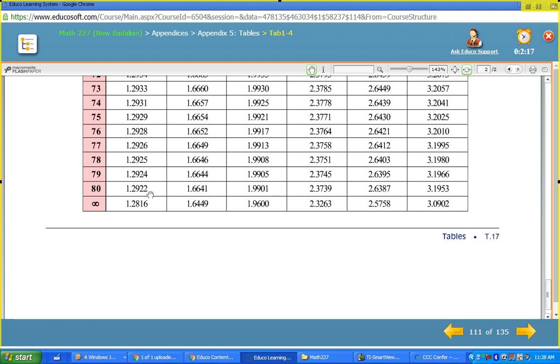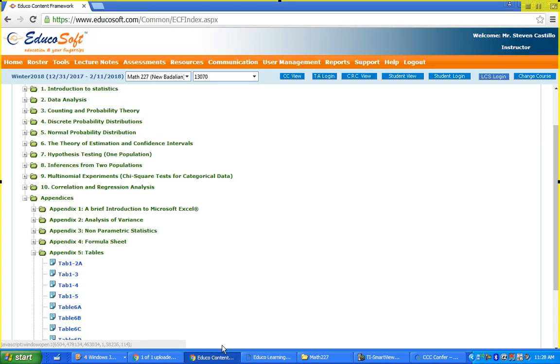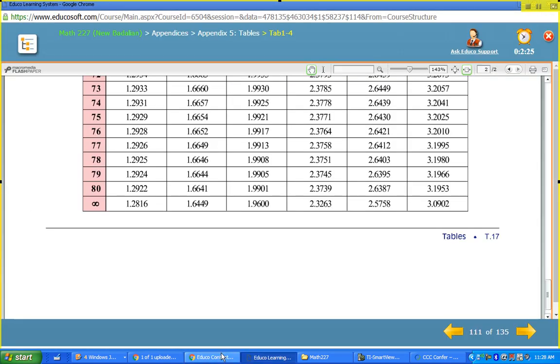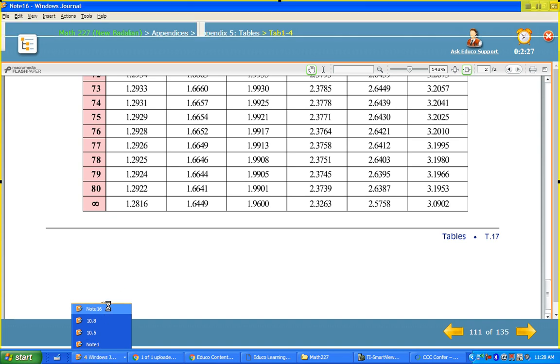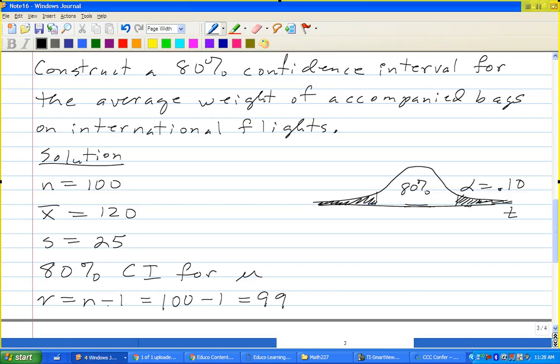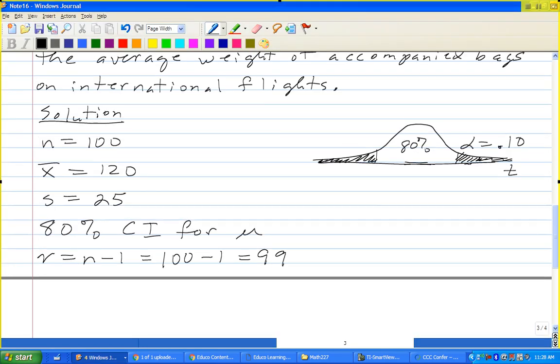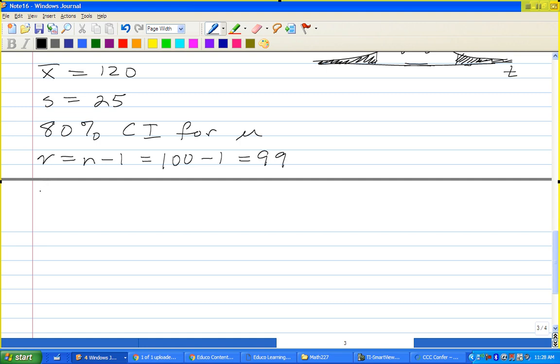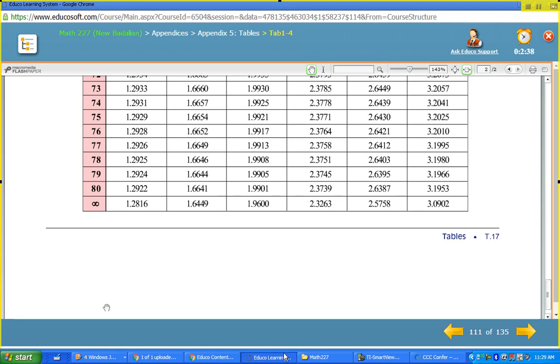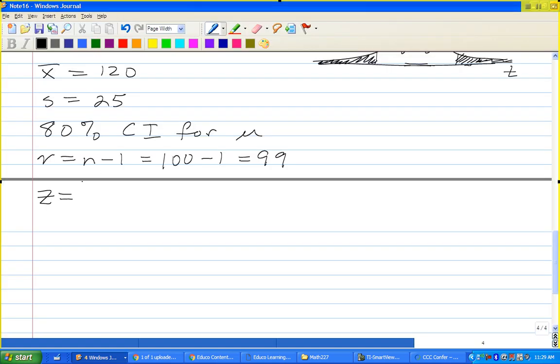What we do have is the z value. I can use the z value at least. Okay, so for the z value, I had that the z value was 1.2816.